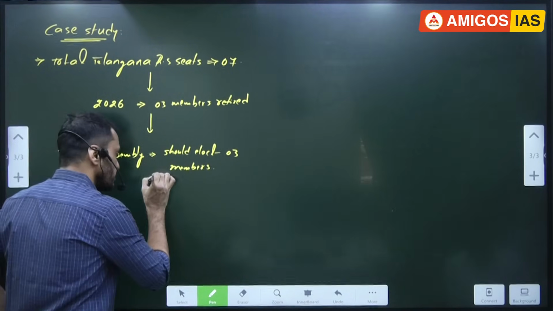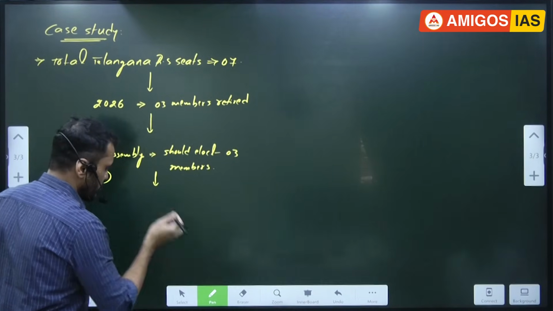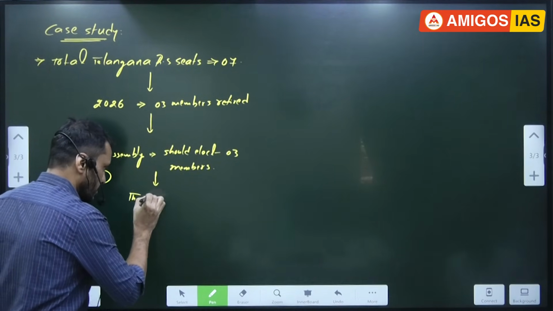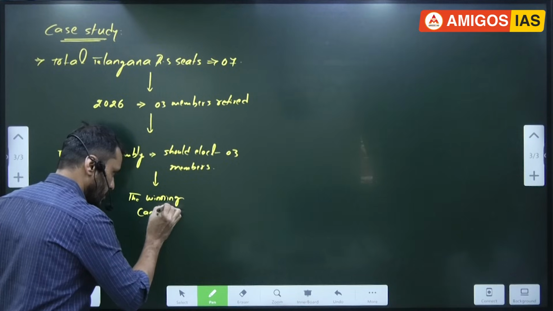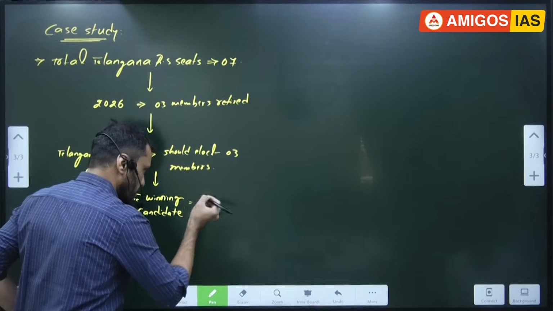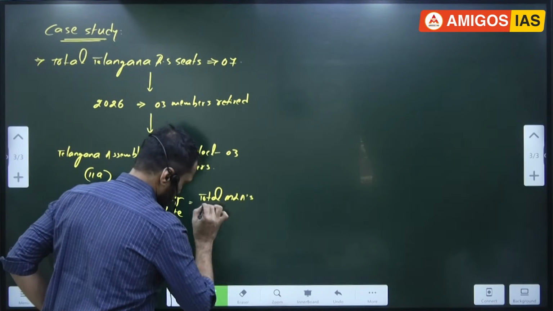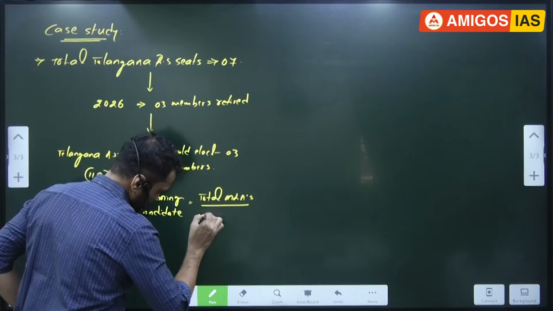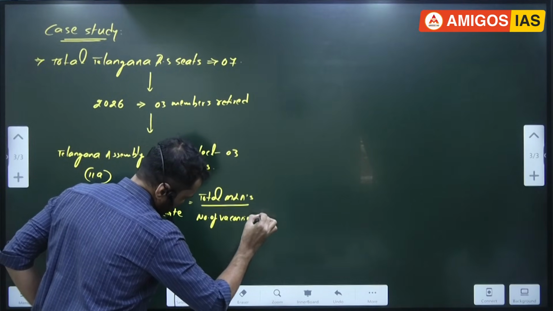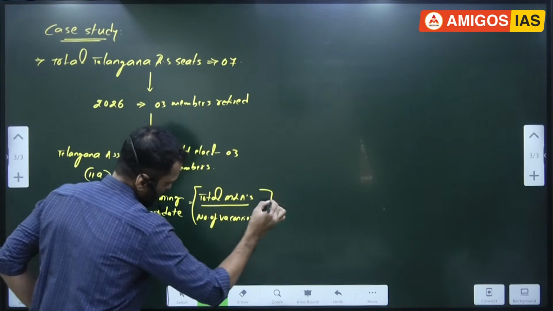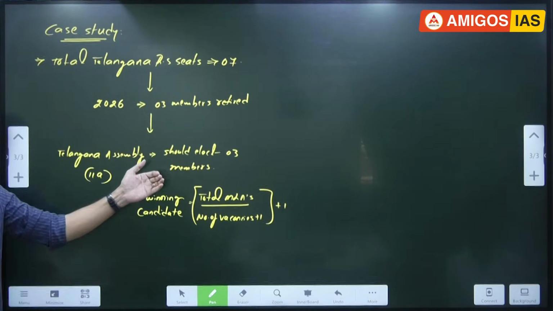So here 1 member, okay. So here 3 members should be elected.